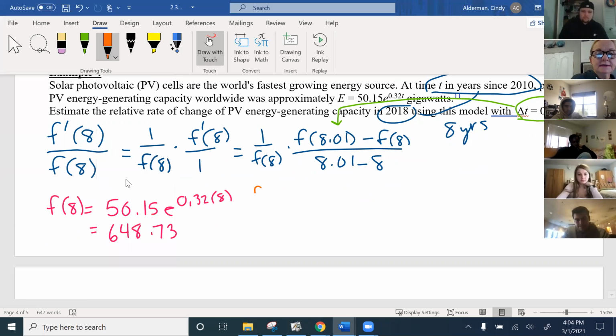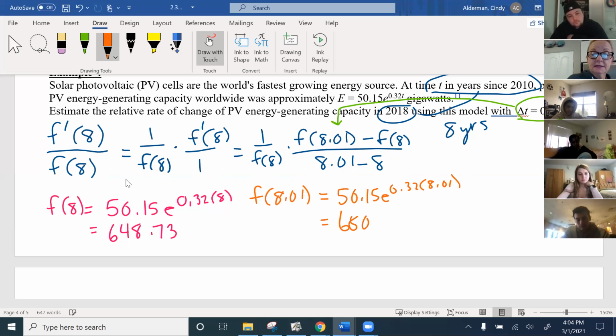If I said, what's F of 8.01? Well, that's the same thing as 50.15 E to the 0.32 times 8.01. If you put that in your calculator, you're going to get 650.81.